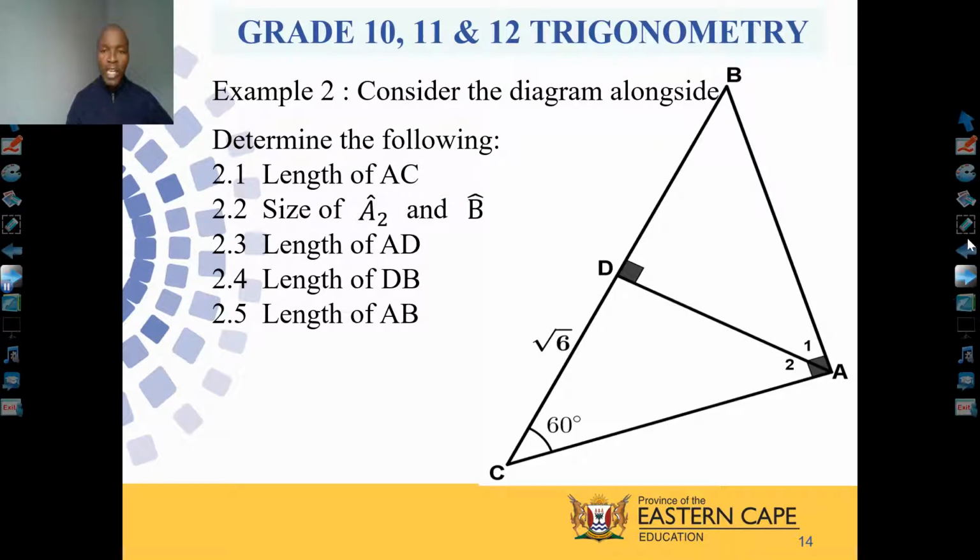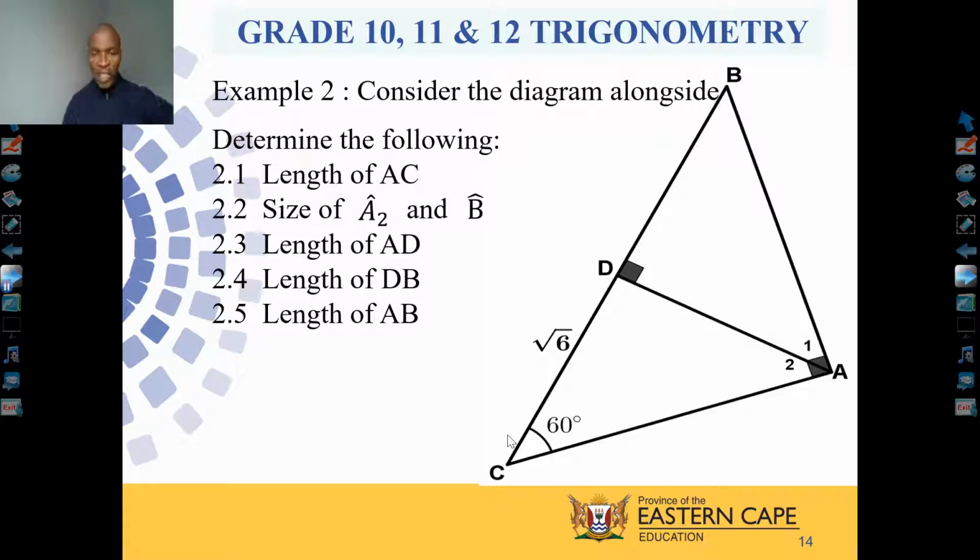So I want you to be taking down this diagram especially, because when we ask questions or when we are solving these, we're going to be solving them using this diagram. So please take down this diagram. I said you are going to use Pythagoras theorem, you are going to use SOHCAHTOA, or anything that you use to understand the definitions of trigonometry.